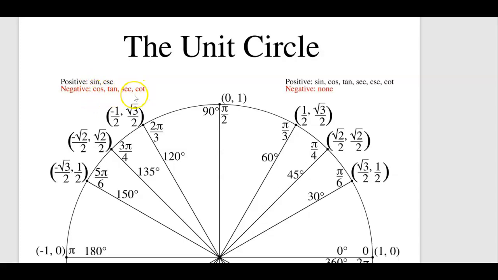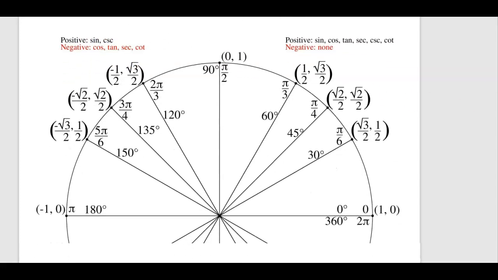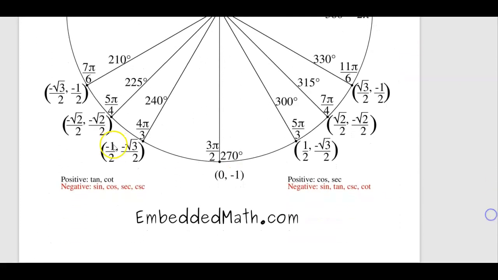Everything else is negative. In the third quadrant, tangent and cotangent are going to be positive because they're going to be the quotient of the x and y, or y and x. And then everything else is going to be negative. And in the last quadrant, the fourth quadrant, cosine and its reciprocal is positive and everything else is negative.